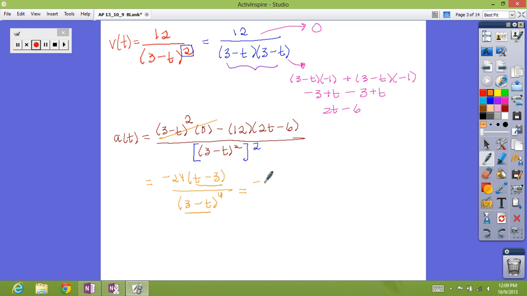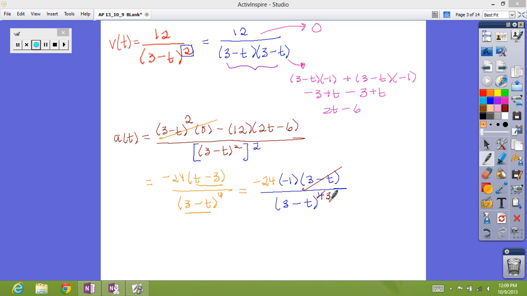So what I'm going to do is I'm going to keep my -24. I'm going to factor out a -1 from the t minus 3. What does that do? It makes the t negative and it makes the 3 positive. So that's what it would look like. The denominator now looks exactly like that piece of the numerator. So cancel this guy, cancel this to a 3rd power, and I get positive 24 over 3 minus t cubed.